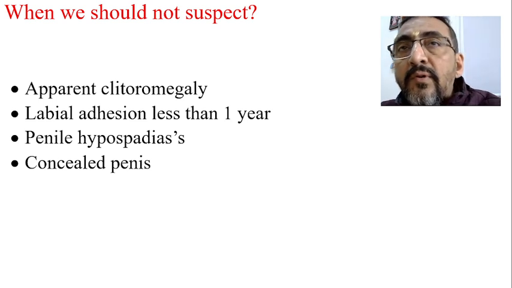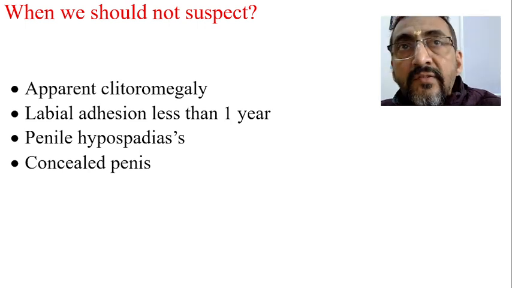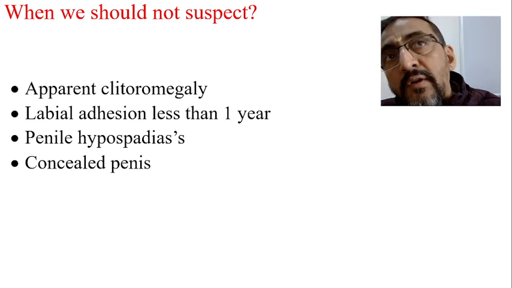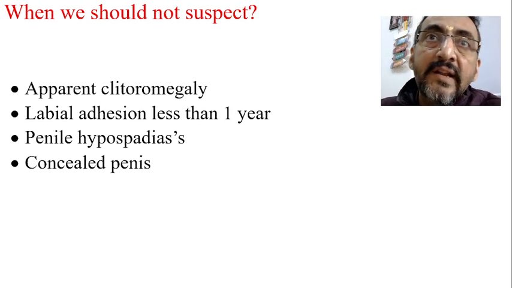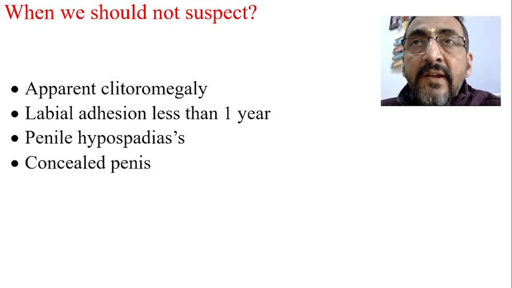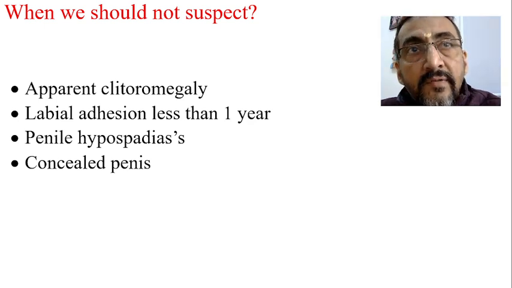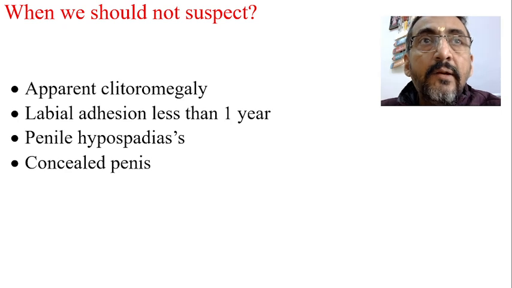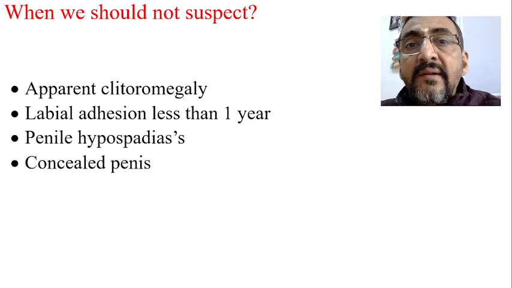But now you are not in a position to say whether it is a penis or a clitoris. It's not a small clitoris as in a female child, but it is too big. It creates confusion whether it's an enlarged clitoris, clitoromegaly, or a penis. This differentiation is quite difficult, so in that condition you have to suspect.